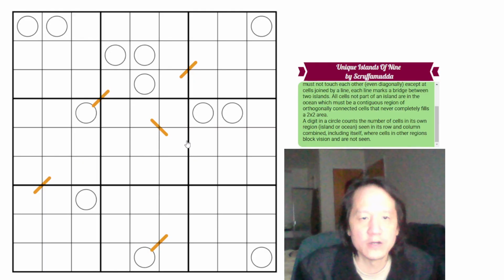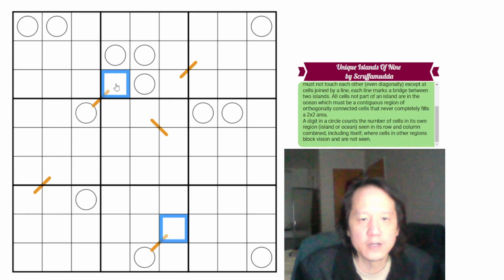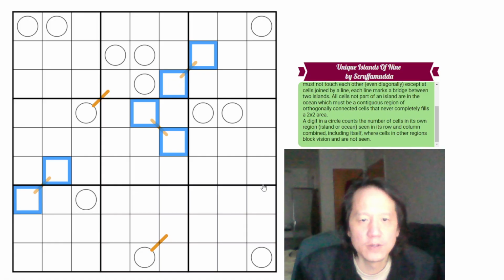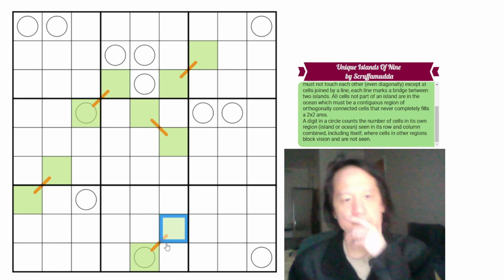Let's go. Okay, so one thing we know, all the cells surrounding the bridges, these lines must be bridges. So they must be islands. So therefore, these are islands, and these are islands, and these are islands.